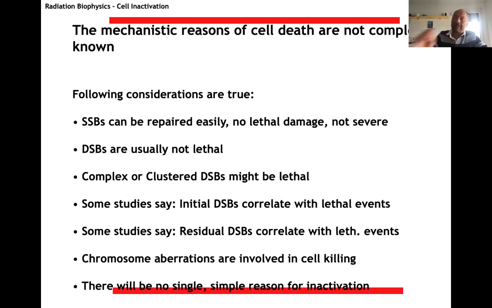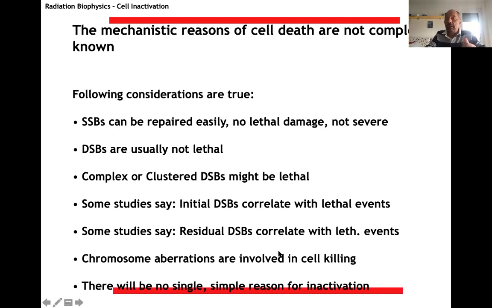Some people say that the initial double-strand breaks correlate with lethal events, but it's more likely that the residual double-strand breaks correlate with lethal events. It depends on what a double-strand break is. If you take complex clustered breaks, then it's more likely that you go into apoptosis with unrepaired breaks, or into alternative non-homologous end joining, and then you have a translocation, or a dicentric, or an asymmetrical interchange, acentric fragments that will lead you to mitotic catastrophe.